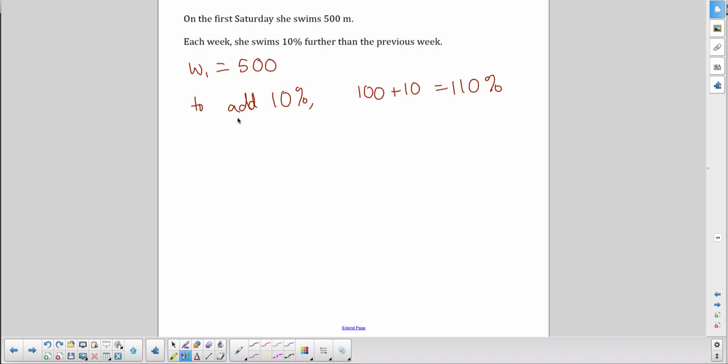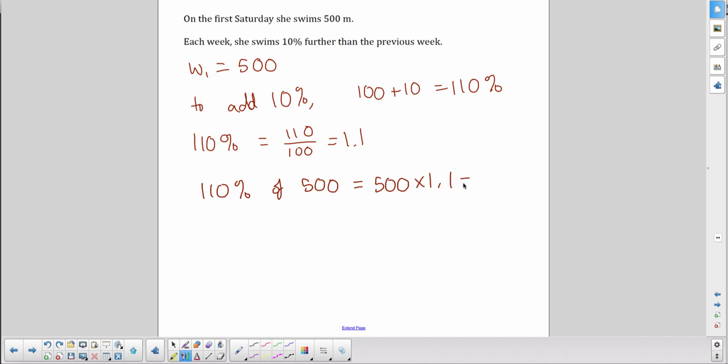Now we know that 110% is equal to 110 divided by 100, or the decimal value of that is 1.1. So if I want 110% of 500, then I'm going to take my number 500, multiply it by 1.1, which is 550. That's what we already said.